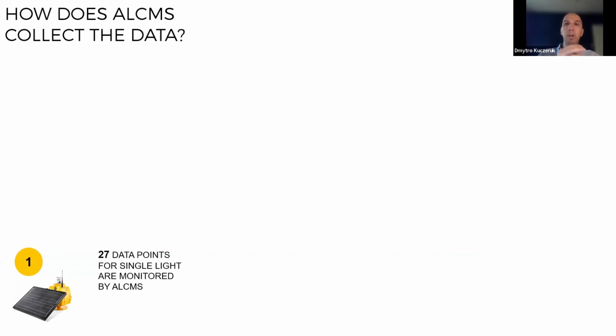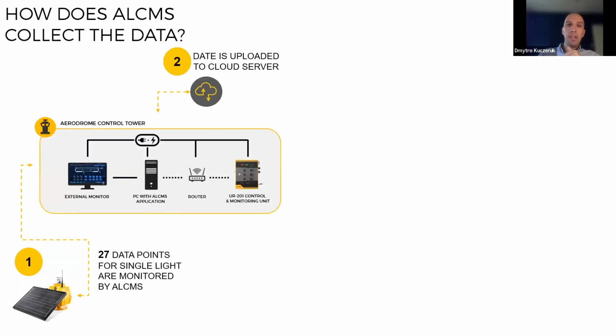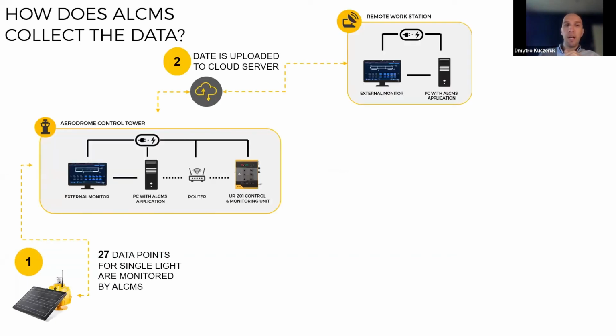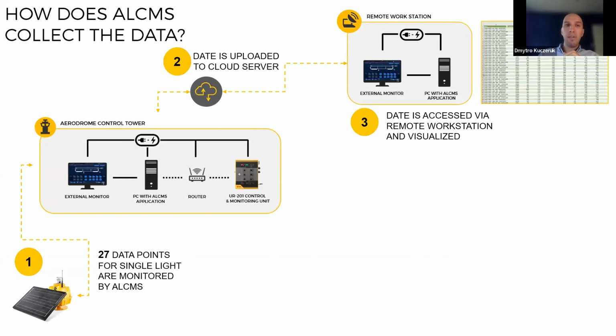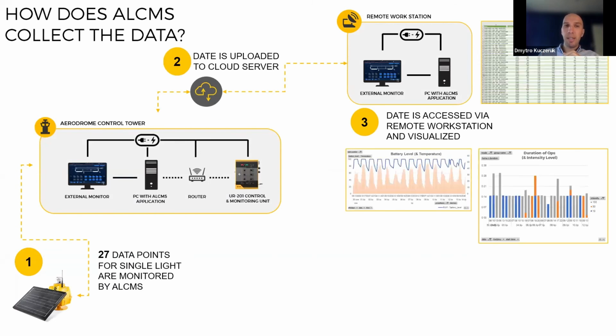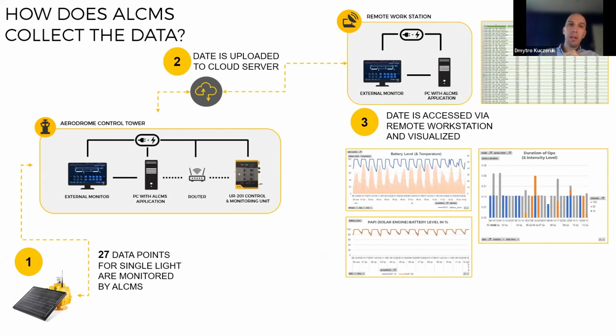So how do we collect this data? The 27 data points of each light are downloaded every hour to the local LCMS system that is connected to the internet. Then this data is uploaded to our cloud server, from where it is downloaded to a local S4GA computer.